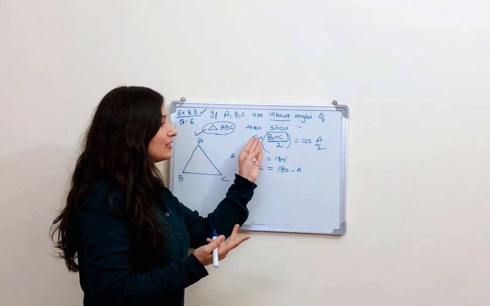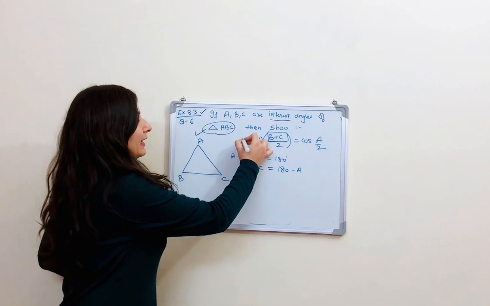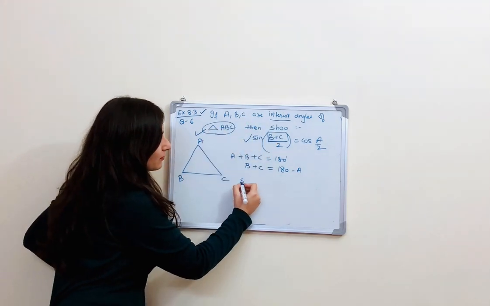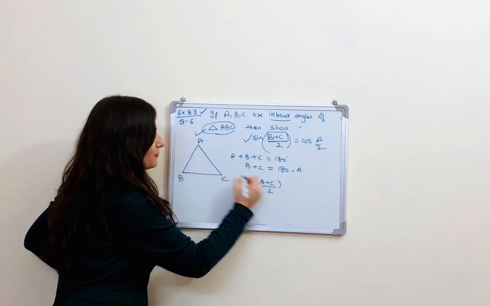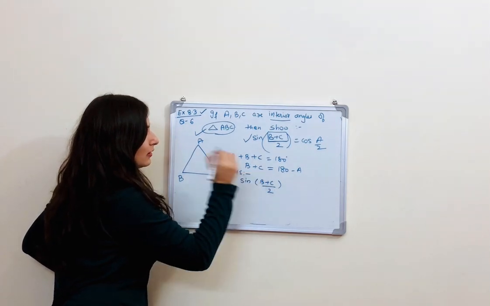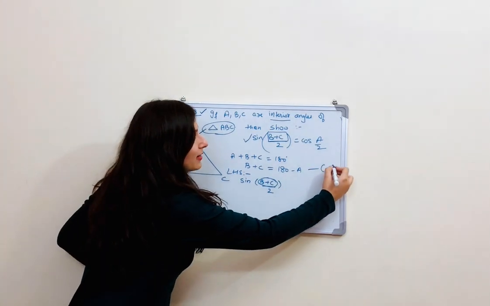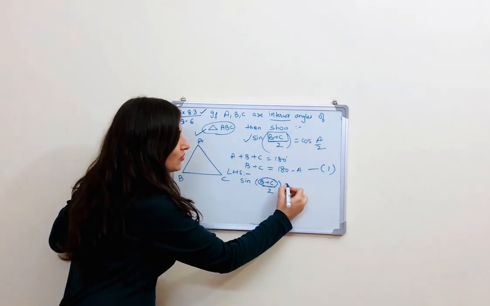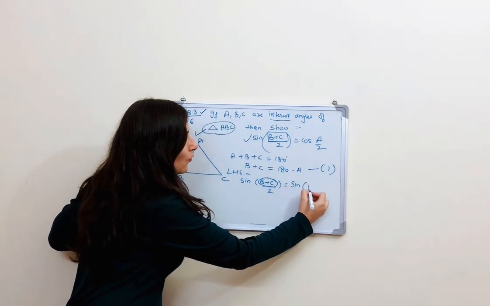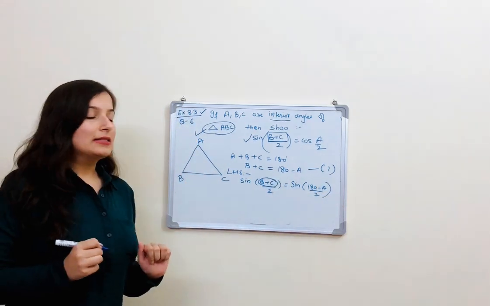So this is a show question. That means we have to show LHS equal to RHS. By taking LHS firstly, this is our LHS part. We have the value of B plus C from this one. Let's substitute it here. This will become sine (180 minus A) by 2. Correct?